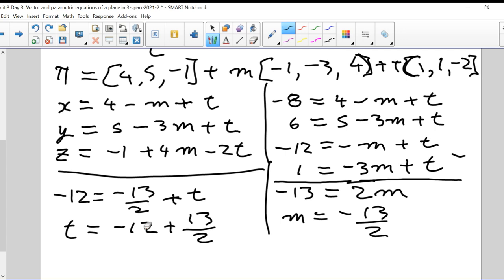Okay, so let's come back over here. Let's fix this. This is now going to become positive 13 over 2 because I'm now putting it into this equation. Minus 12 minus m, and my m was already minus, so it's positive 13 over 2 plus t. So it's minus 12 minus 13 over 2.